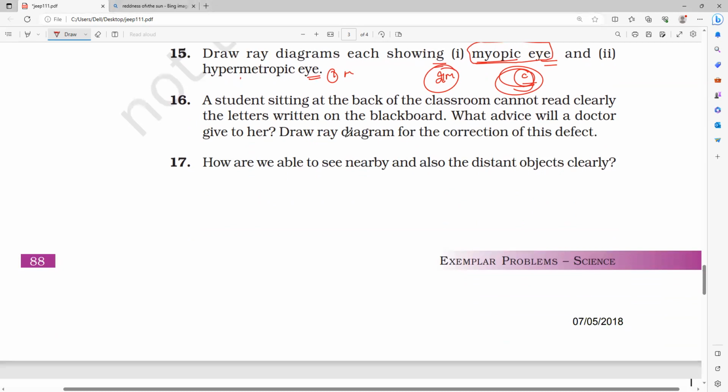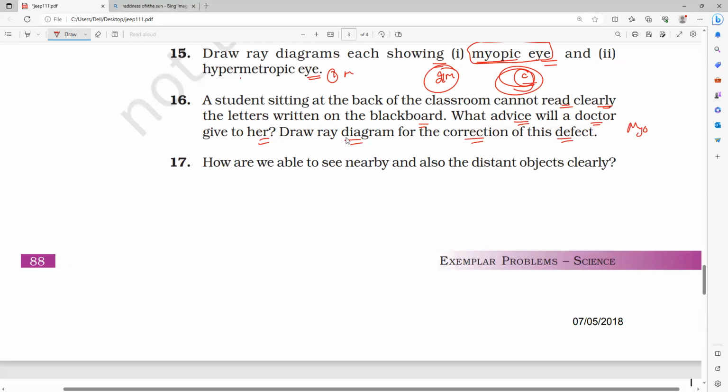Next, a student sitting at the back of the classroom cannot read clearly the letters written on the blackboard. What advice will a doctor give her? Draw a ray diagram for the correction of this defect. I already told you many times, she cannot see the blackboard clearly. So myopia or hypermetropia?